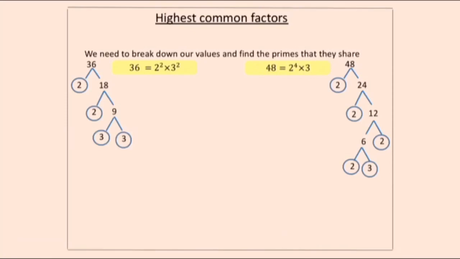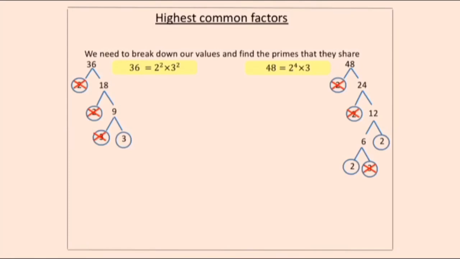Now to find the highest common factor between these two numbers, 36 and 48, we need to find the common prime numbers which they share. As you can see, 2 has been crossed out because they're common, another 2 has been crossed out because again they're common, and 3 has been crossed out because it's common. Now we have to find the pairs.